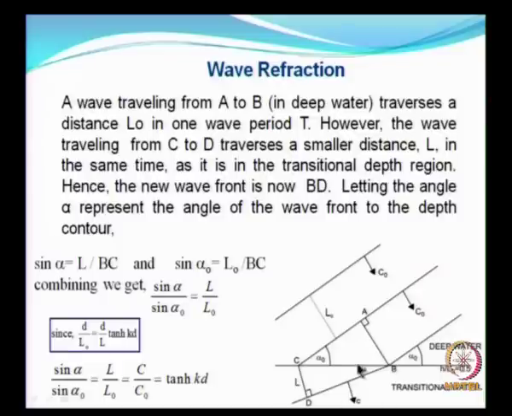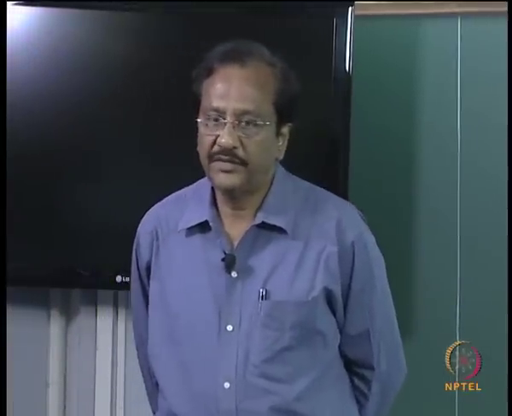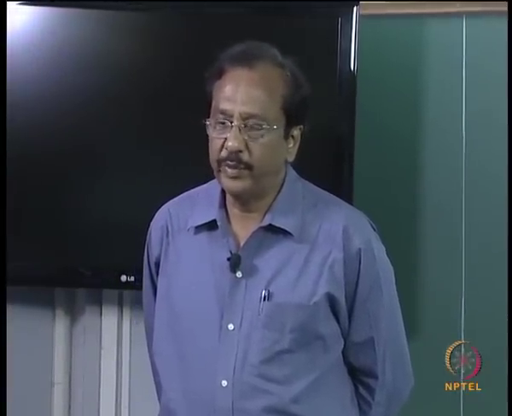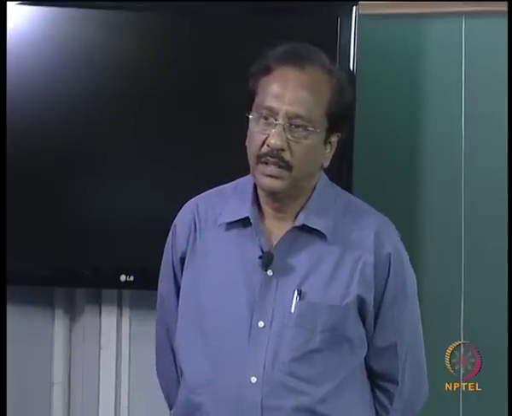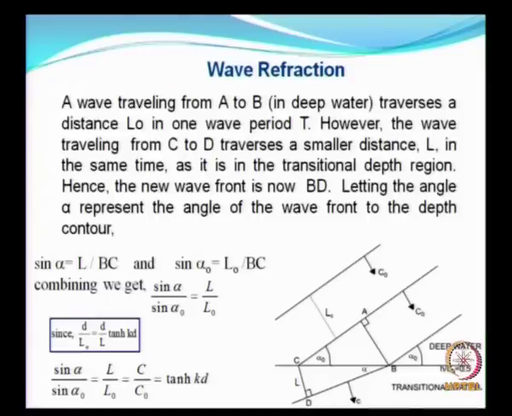So I can equate this and get an expression relating the sine of the angle the wave makes with the shallow water depth contour and the sine of the deep water wave angle, equal to the ratio of the wavelength in shallow waters to the deep water wavelength.